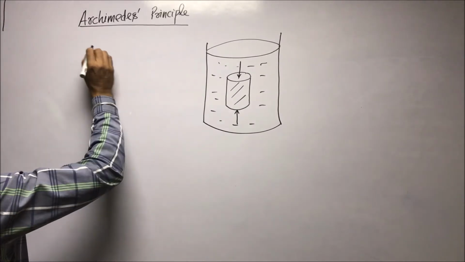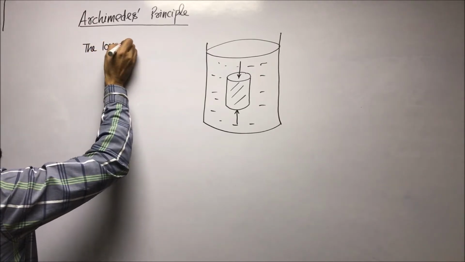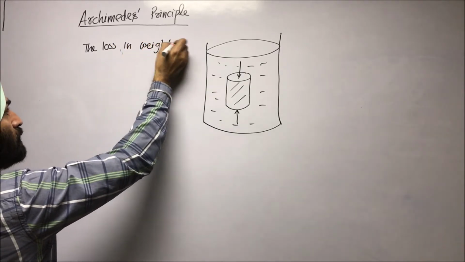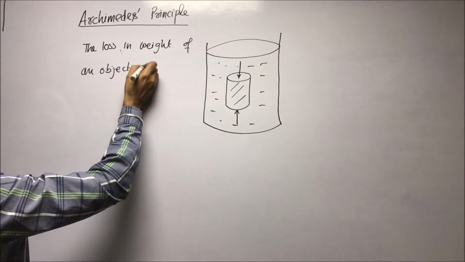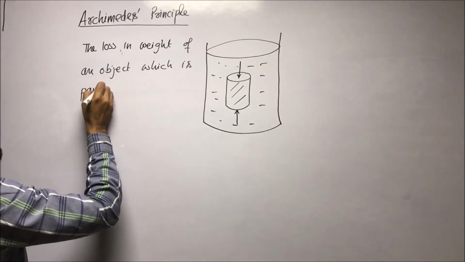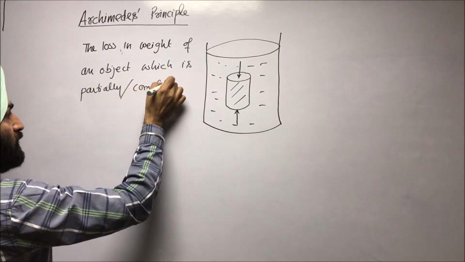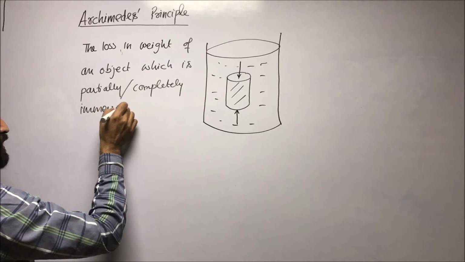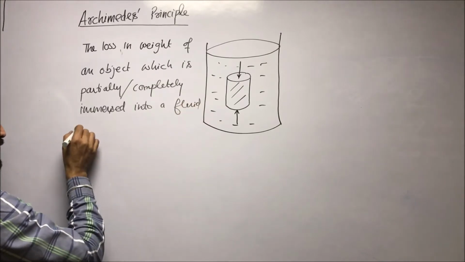Archimedes' principle first of all states that the buoyant force, or the loss in weight of an object which is partially or completely immersed into a fluid, is equal to the weight of the fluid displaced.